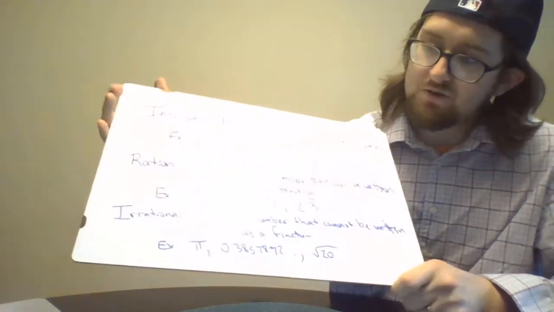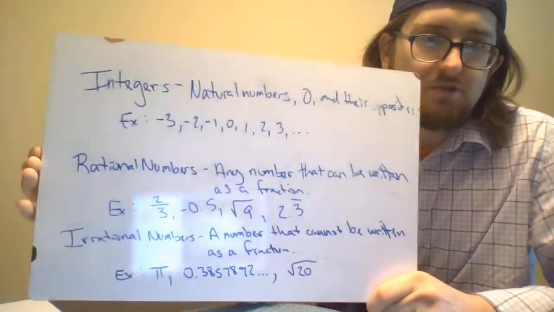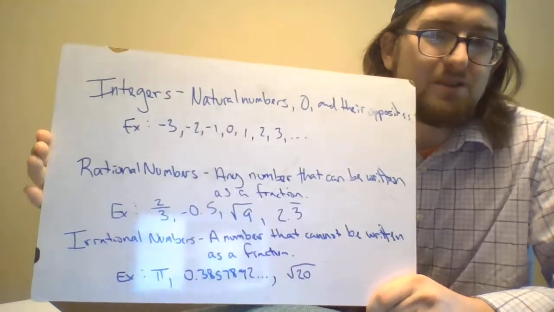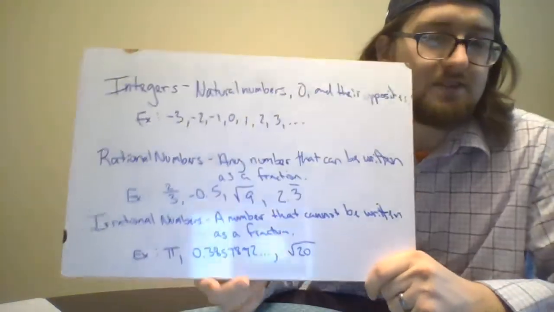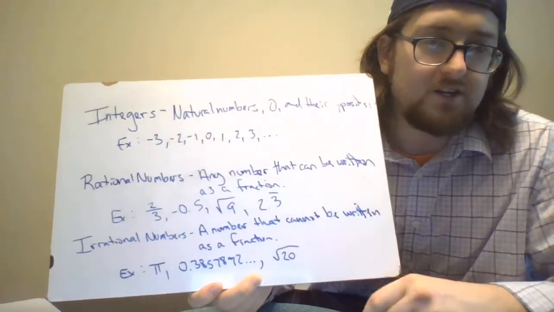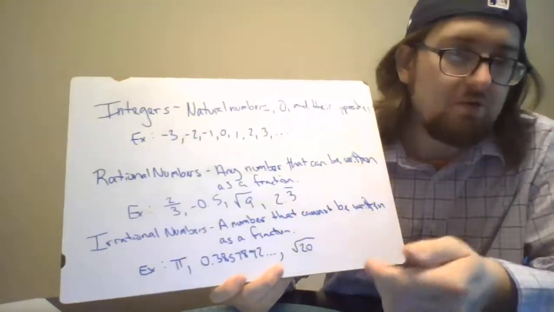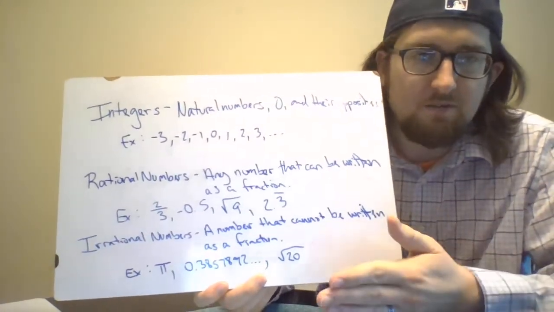Then we've got rational numbers, and this is where we're really heading with this unit. Rational numbers and irrational, we're heading to both of those. Rational numbers are any number that can be written as a fraction. For the examples here, I wrote 2/3. Obviously that can be written as a fraction because it is a fraction. Also -0.5, square root of 9, because what is the square root of 9? It's 3 or -3.